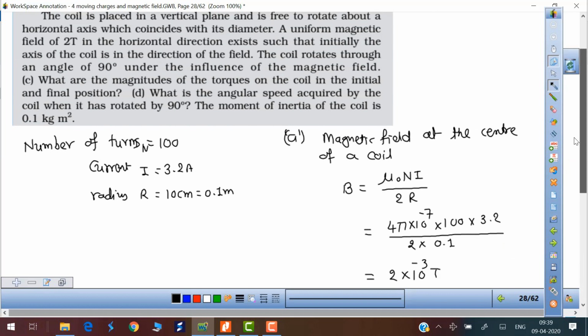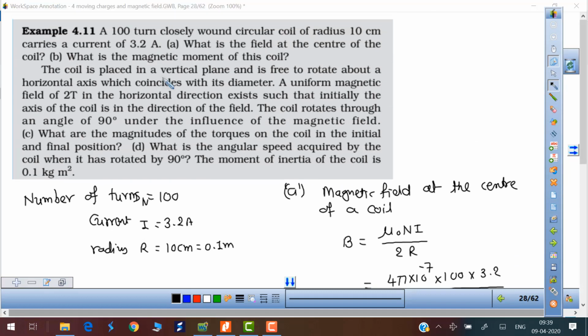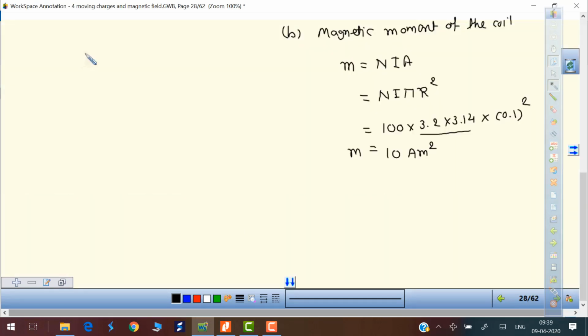Now you have given the coil is placed in vertical plane and is free to rotate about a horizontal axis which coincides with its diameter. So I just try to draw this figure.